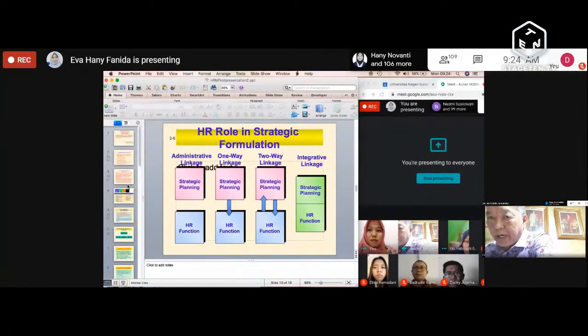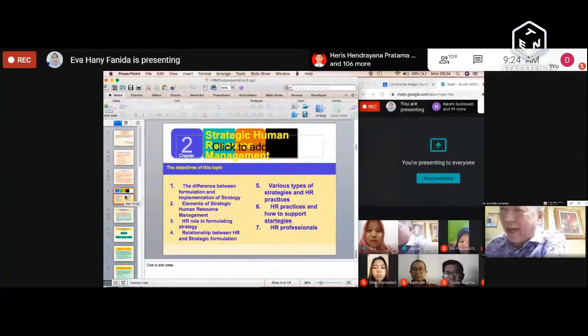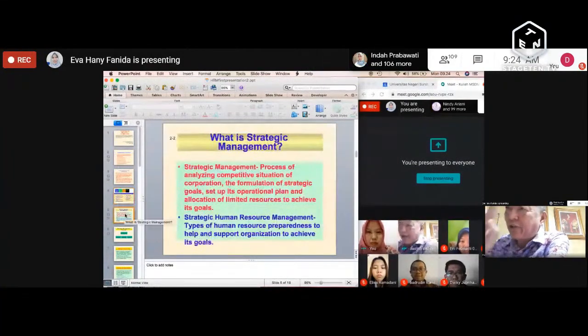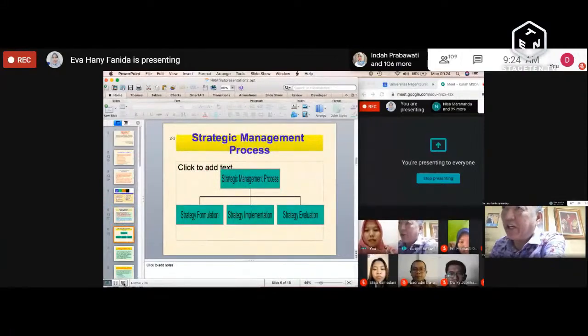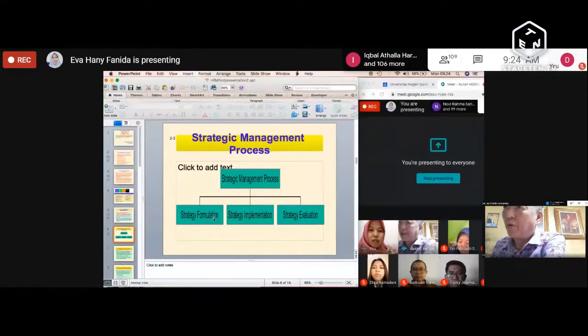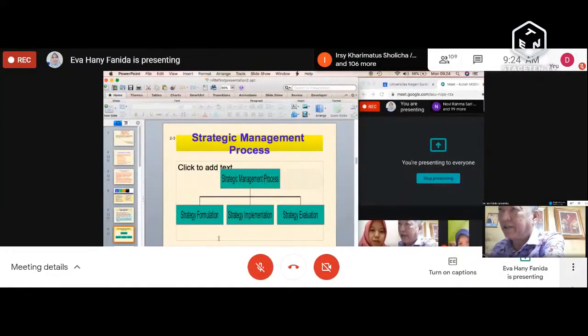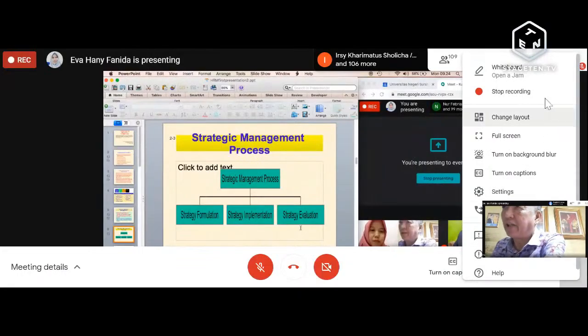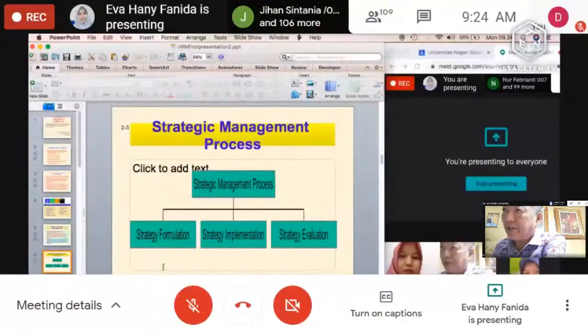I could not understand clearly because I have already explained there are 3 stages of strategic management. The first is strategy formulation. The second is strategy implementation, and the third step is strategy evaluation. I already explained the first step.